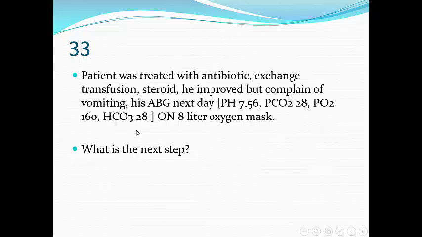So you don't need any formula in this situation, because the normal physiological response to respiratory alkalosis is to decrease the bicarb, and it's only the magnitude of decrease that differs between acute and chronic. But an increase is not acceptable physiologically. So without any formula, you will say there is accompanying metabolic alkalosis in this patient.